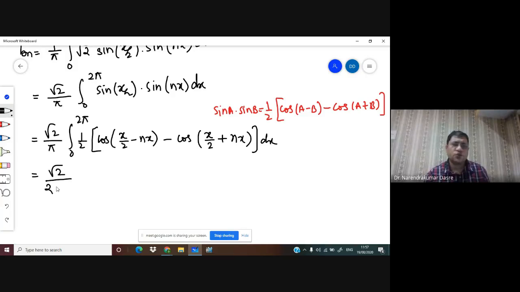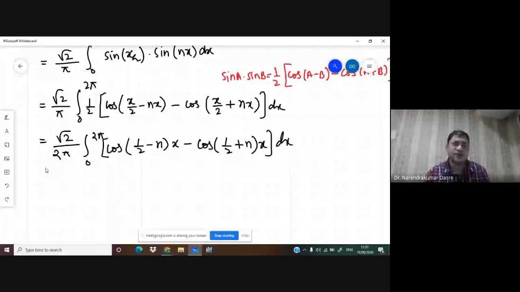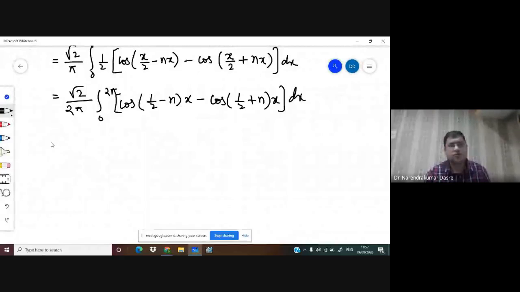So we can have this as 2 upon 2π integral 0 to 2π, and we have cos of (1/2 minus n)x minus cos of (1/2 plus n) into x, and here we have, please use proper brackets so that you will not have any trouble anywhere.